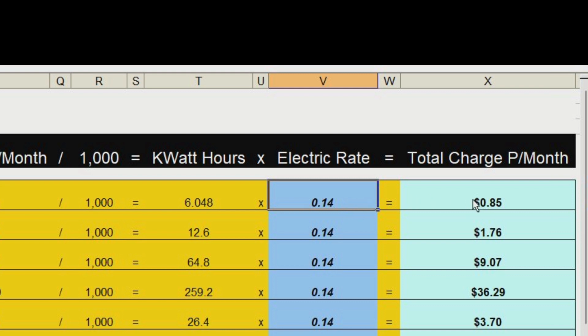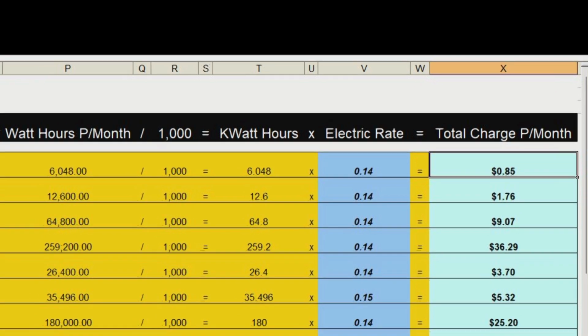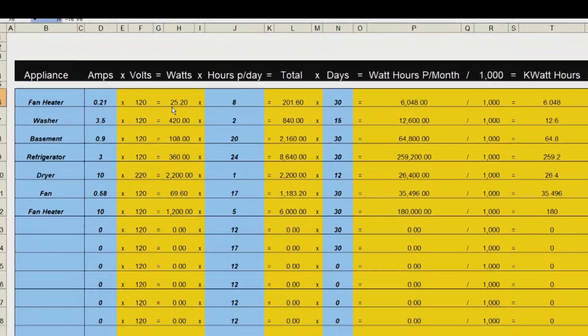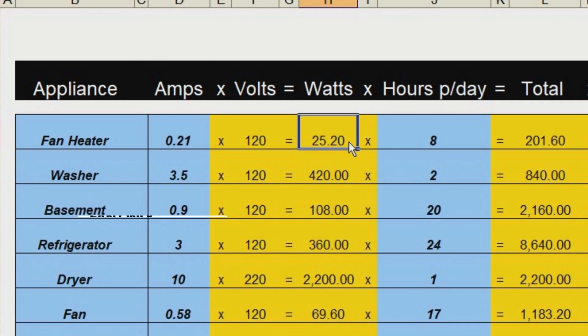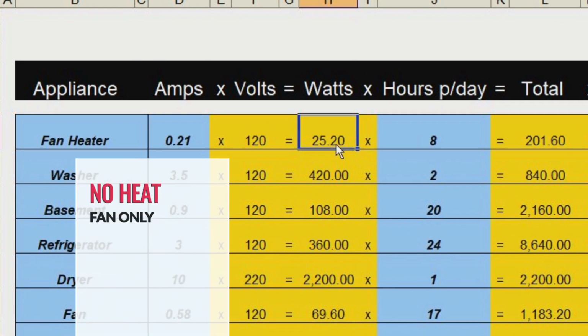If I'm using the fan setting, I am going to be paying about 85 cents per month. That is because every time I'm using the fan, it's going to be 25 watts.